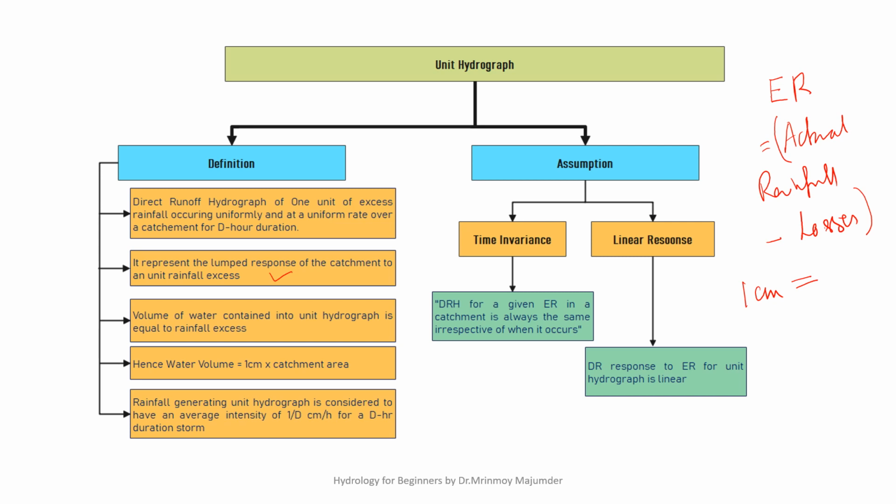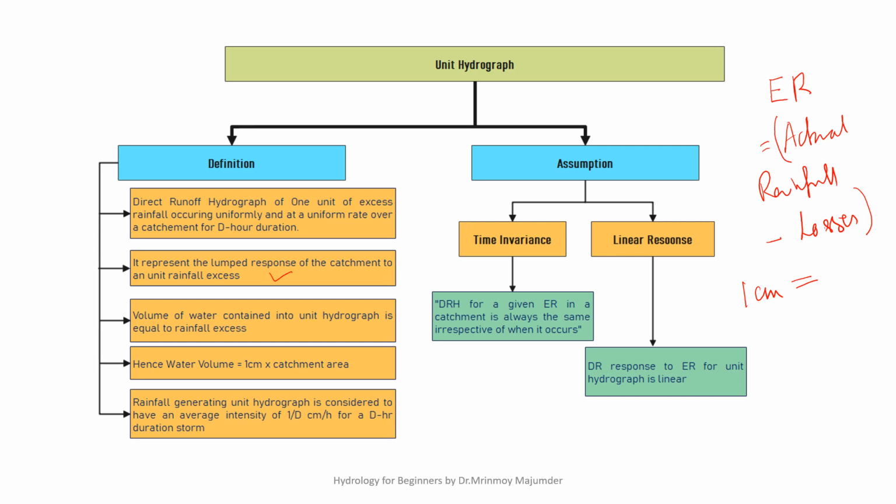So that is an established fact, so I will not go into it. If you want to know the water volume for this unit rainfall, you can just multiply the unit rainfall with the catchment area and you get the water volume of that watershed.